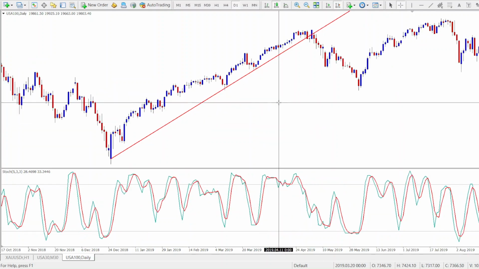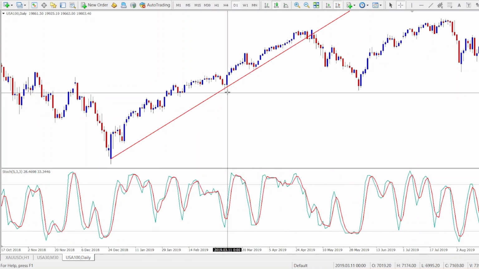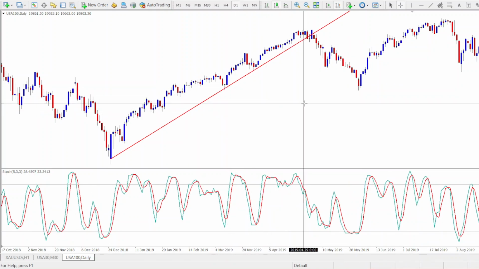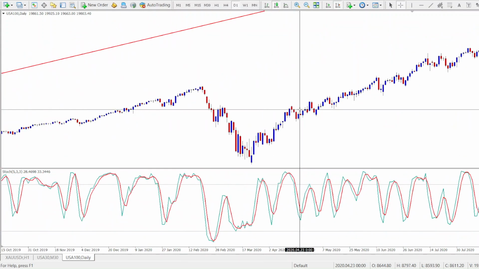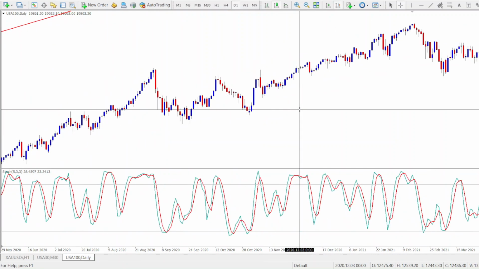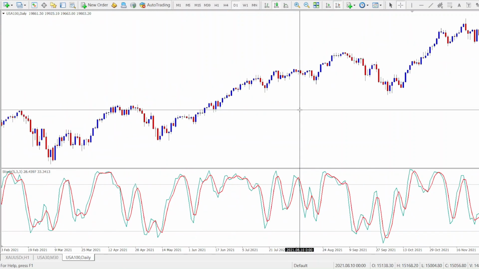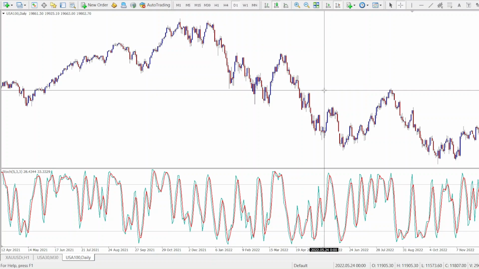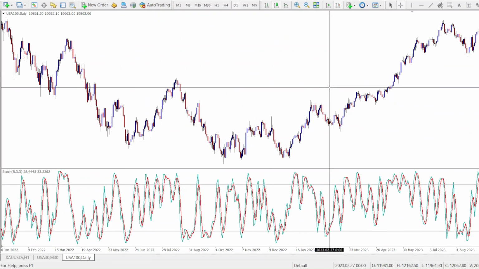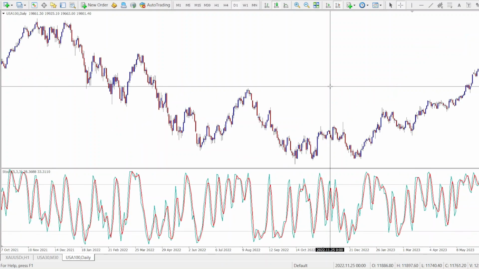Now, let us look for another example where the Dragonfly Doji displays a reversal from a bearish trend. Let us see if we can identify an example where the Dragonfly Doji indicates a reversal from a bearish trend.